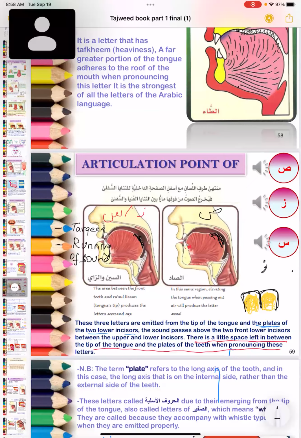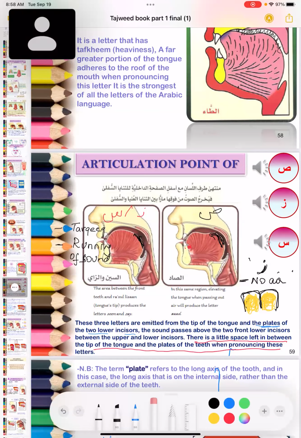In Zai, look at the right corner, sisters. The difference is no air. No air accompanies the sound. There is no hams in Zai.